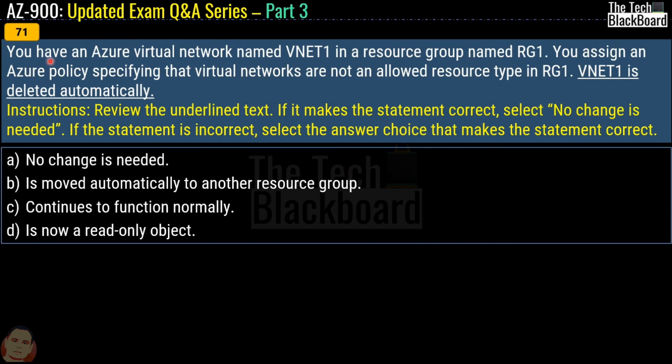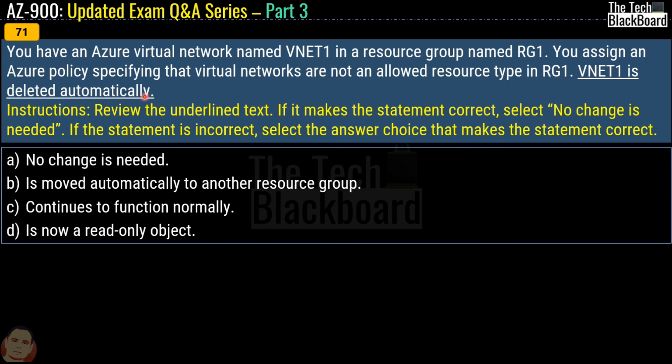The question says that you have an Azure virtual network named VNet1 in a resource group named RG1. Now the question says that you assign an Azure policy specifying that virtual networks are not an allowed resource type in RG1. So basically you are stopping the creation of virtual networks in the resource group called RG1. Now the question says that VNet1 is deleted automatically.